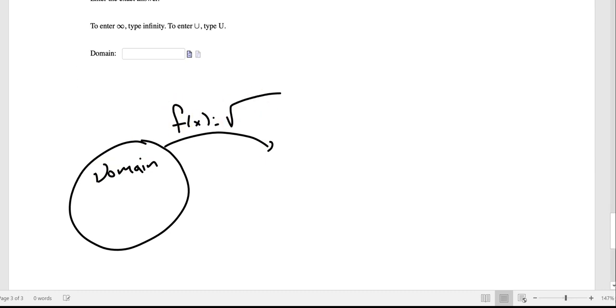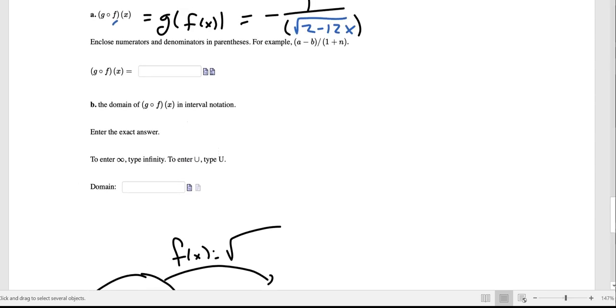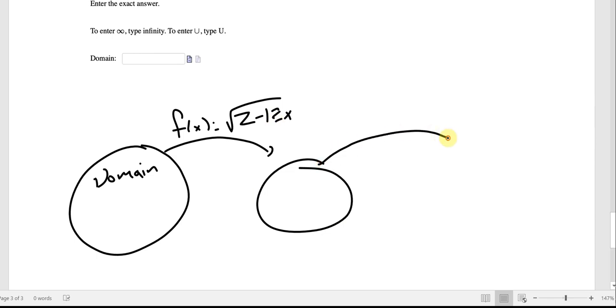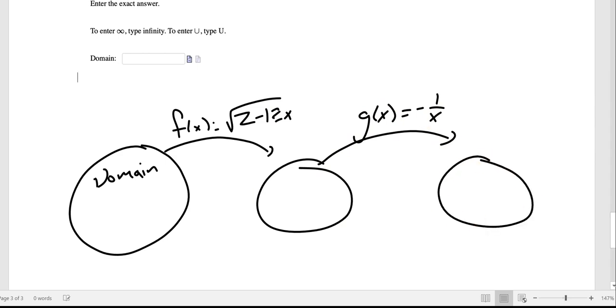And that's the square root of, was it 2 minus 12x? Okay? And then you get some kind of outputs, okay? And then you take those and you apply your next function, g of x, which was negative 1 over x, and you get some other outputs, right?